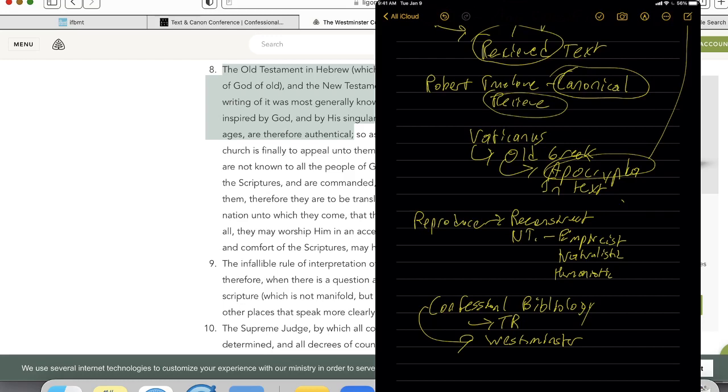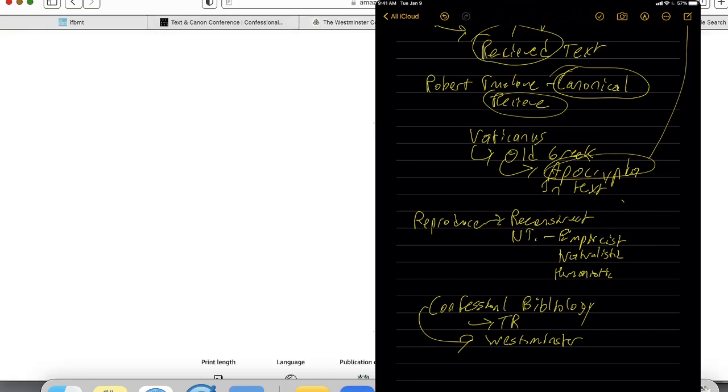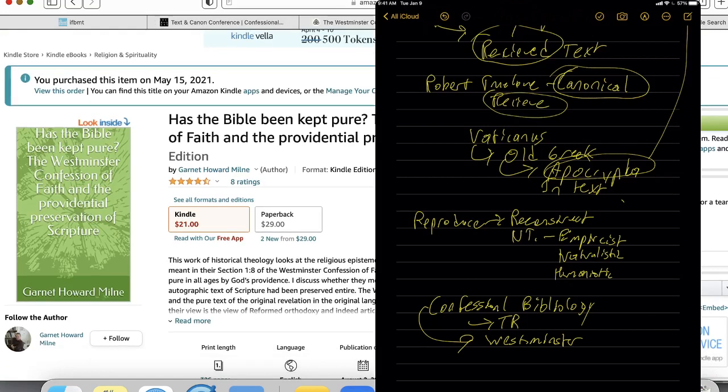So the Westminster Confession of Faith, which was put out by Protestant Reformation people, the Westminster Divines, they believed that God inspired the scriptures and by his singular care and providence kept it pure in all ages. So there's a book here. It's called Has the Bible Been Kept Pure?